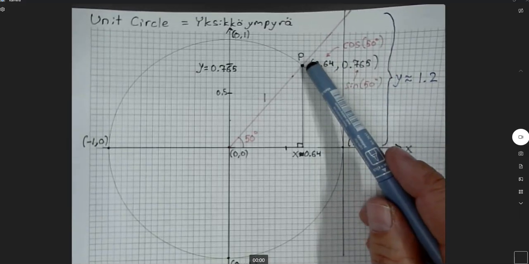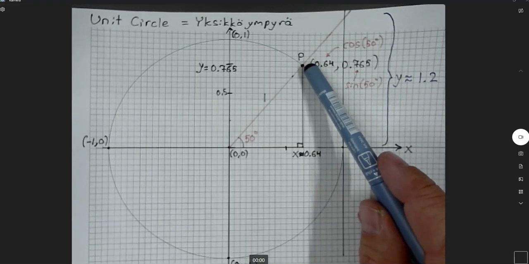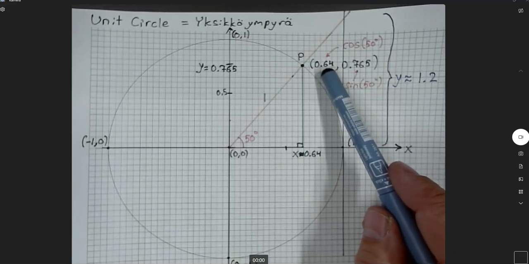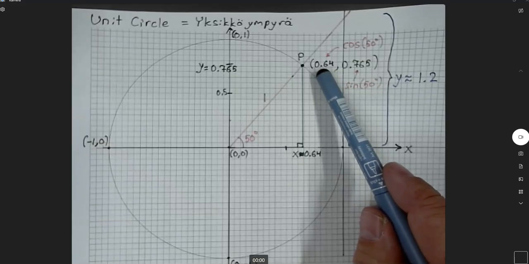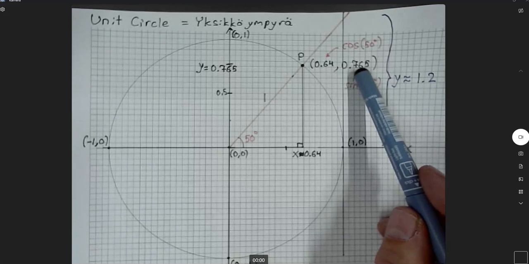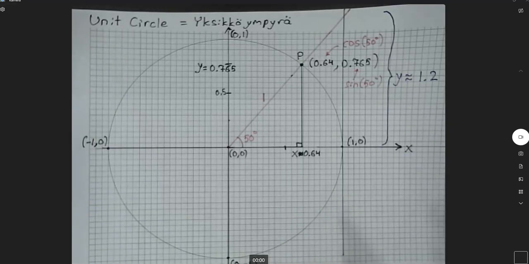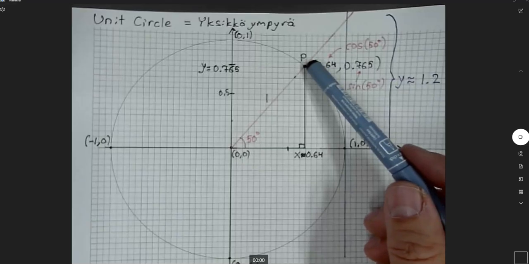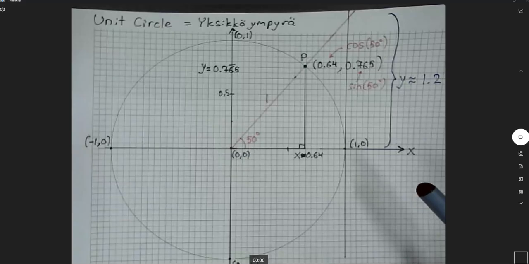We could see that if we approximate the coordinate values of that point, the x coordinate would be about 0.64, and the y coordinate about 0.765, only by watching this graph or picture.